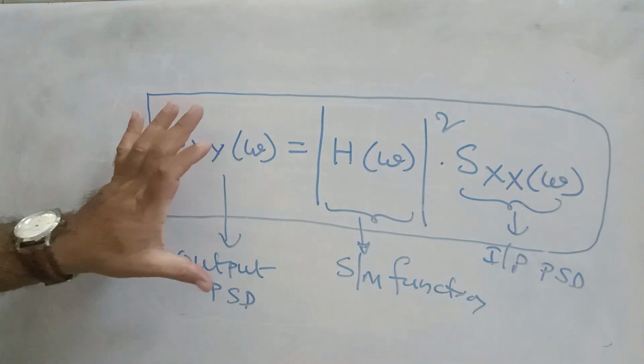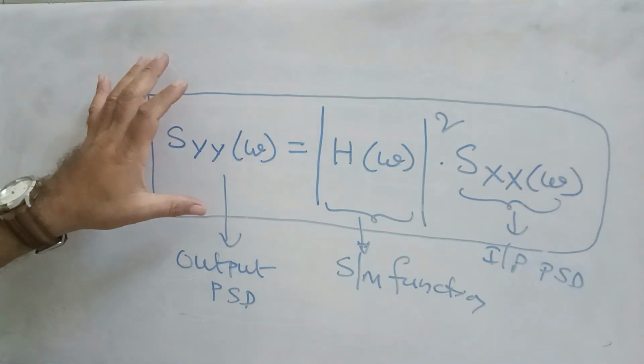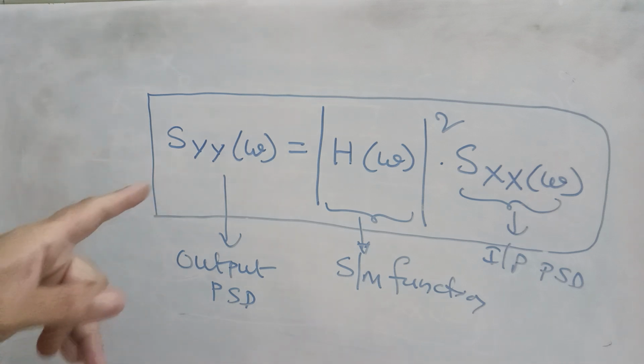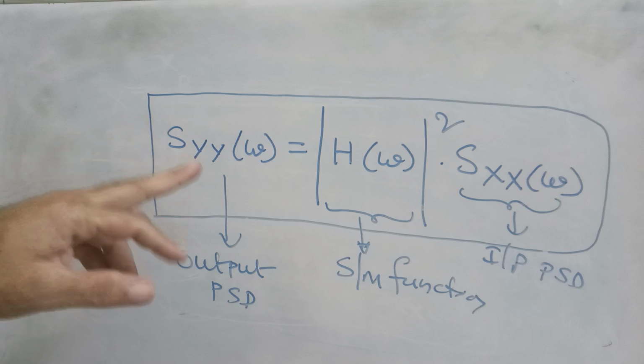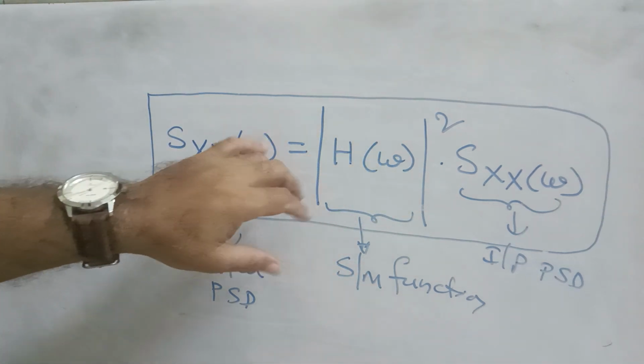This is the very important relationship between input PSD and output PSD. I hope you understood this concept: the autocorrelation and its relation to the PSD, as well as the relation between output PSD and input PSD.